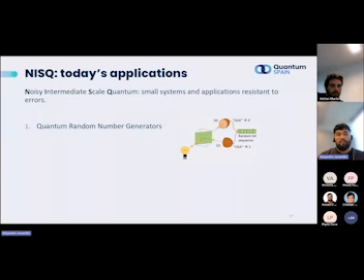And I want to talk to you about two interesting applications. The first one is quite obvious. It's to use a quantum system to generate random numbers. Here you have a picture in which we have a photon with polarization that would be in a superposition of vertical and horizontal, for instance. And then we can use a crystal to separate the two polarizations.